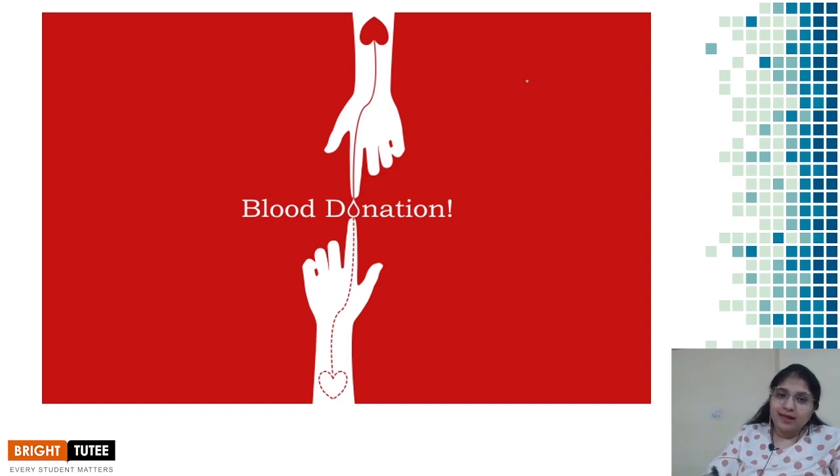Any healthy person is able to donate blood without causing any harm to their own body, right? So everybody should donate blood so that any patient in need of blood can easily receive the blood on time, right? This donation of blood does not cause any harm to your body, right?